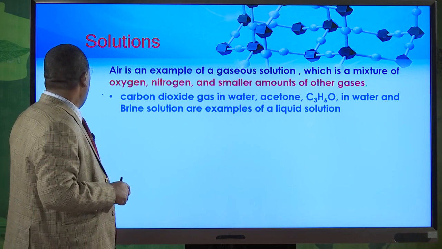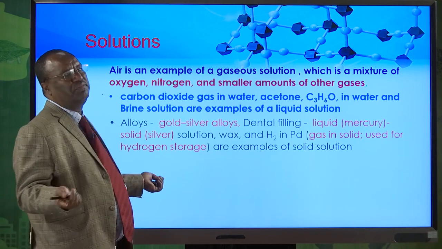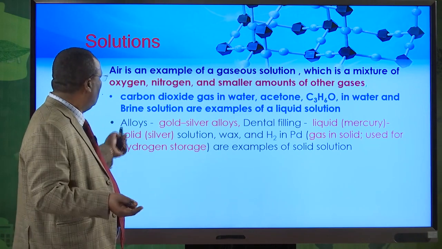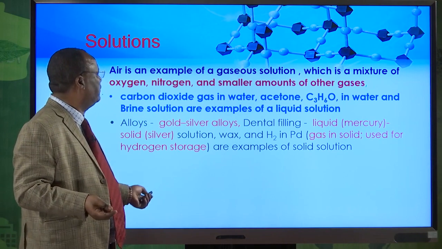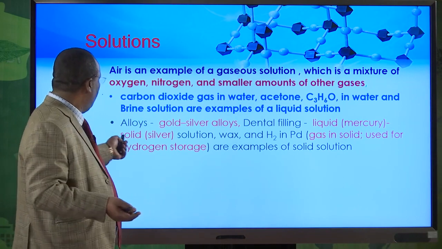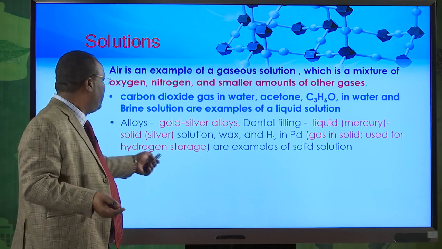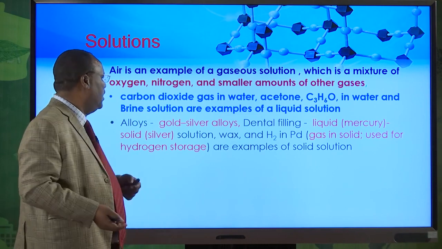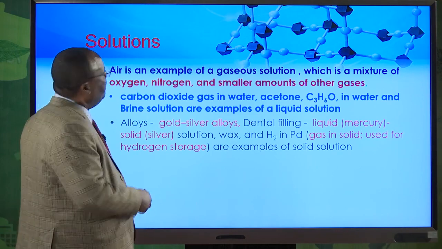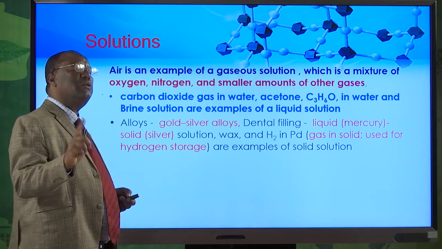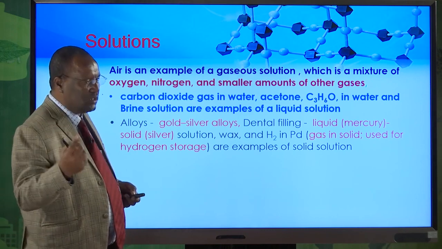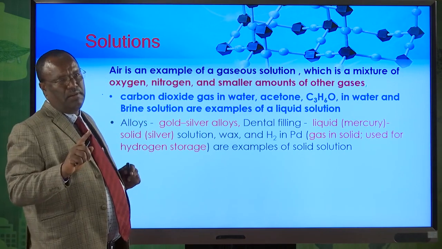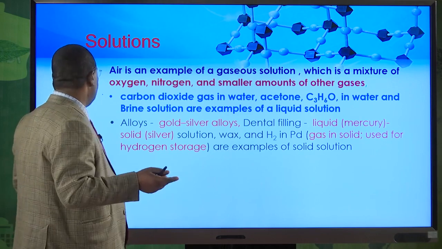What about solid solutions? Alloys, the mixture of metals: gold-silver alloys, dental filling, liquid mercury, solid silver solution, wax, hydrogen, and vanadium, gas in solid used for hydrogen storage, are examples of solid solutions. Our aim is not to define solid, liquid, and gas solutions. Now we are going to differentiate the three types of mixtures: solutions, suspensions, and colloids.